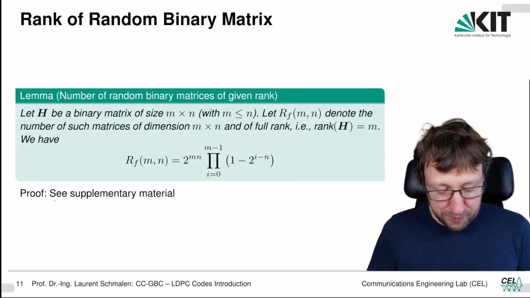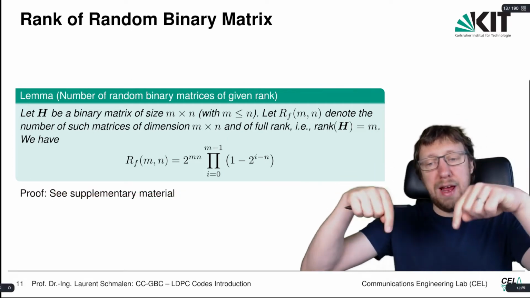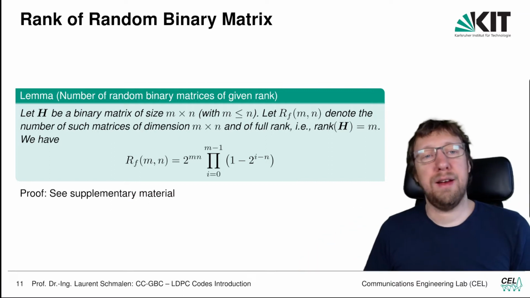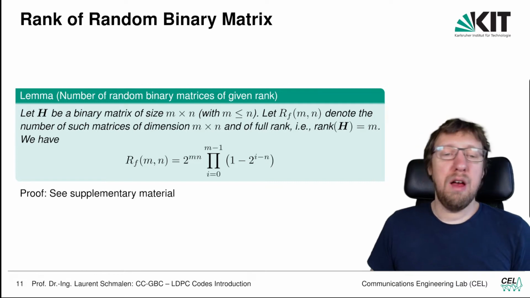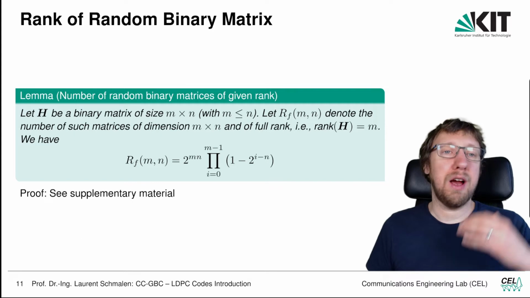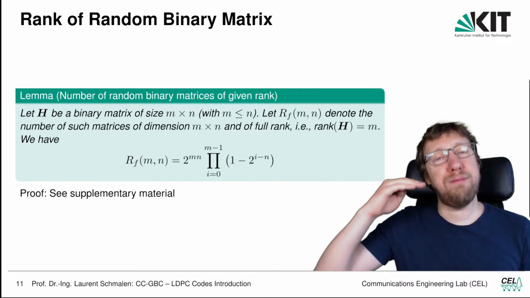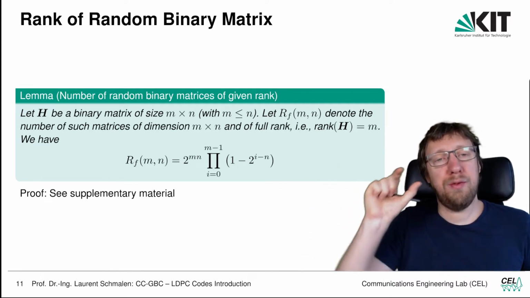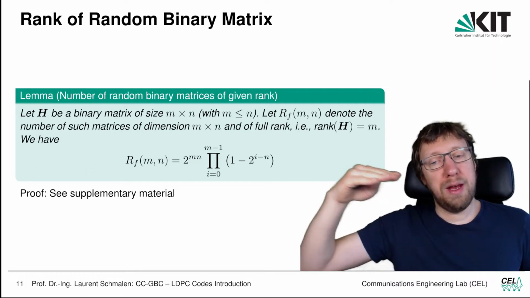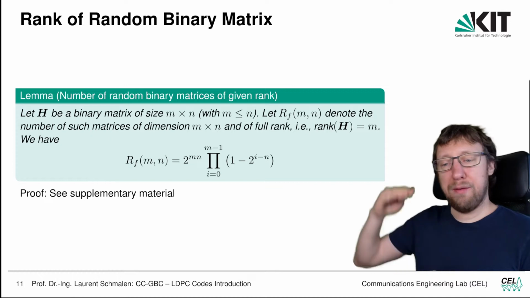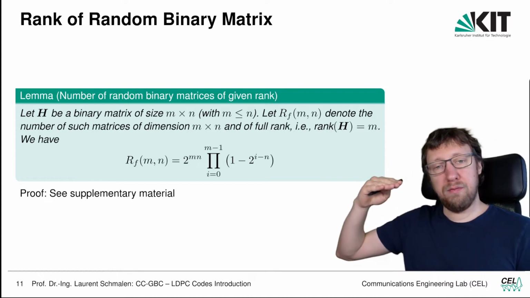If you would like to see the proof, you can go to the very end of the slides, and there are a few pages with the proof of this lemma. It's actually pretty easy to prove this. It is essentially just counting. We count how many possibilities we have for filling the first row. Then, given that we have filled the first row, how many possibilities do we have of filling up the second row?